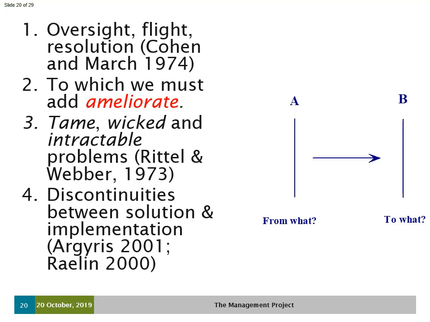The diagram on the right shows the management of change basic diagram, where we are changing from a point A and we want to envisage the characteristics of point B. So from what to what are we changing? Your responsibility as a leader is changing your organisation from how you characterise it in point A to how you'd characterise it in point B. However, again, we don't solve problems, and there are often discontinuities between solution and implementation, also known as the implementation gap.